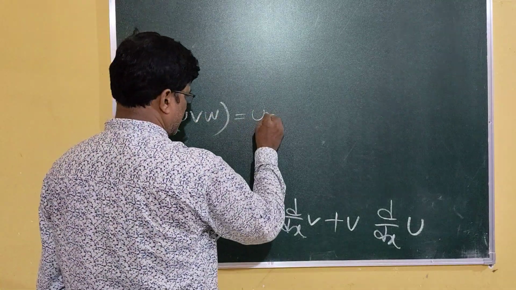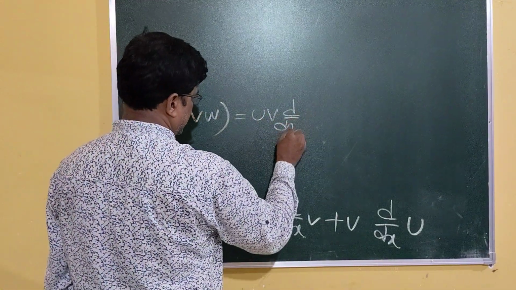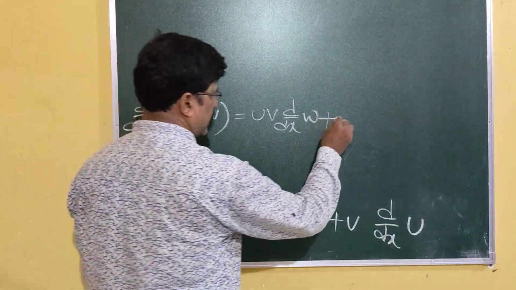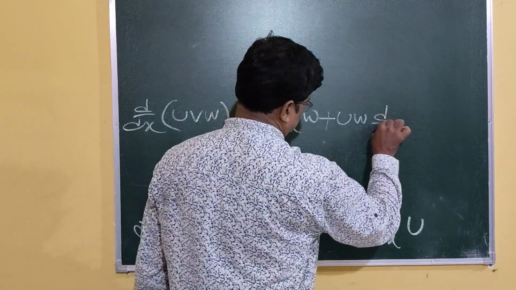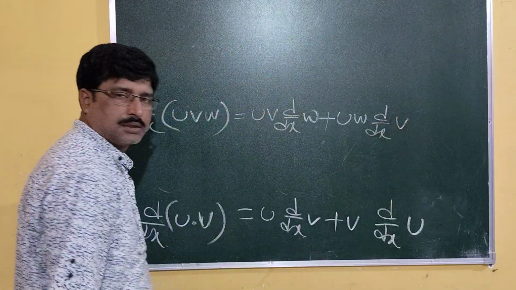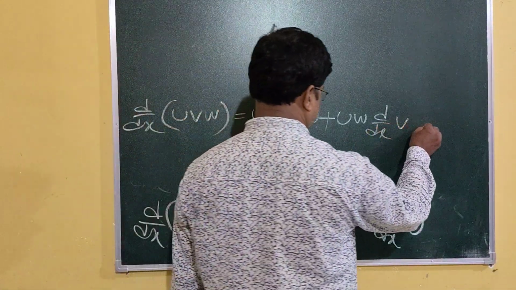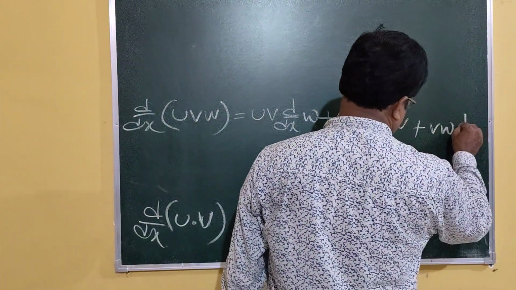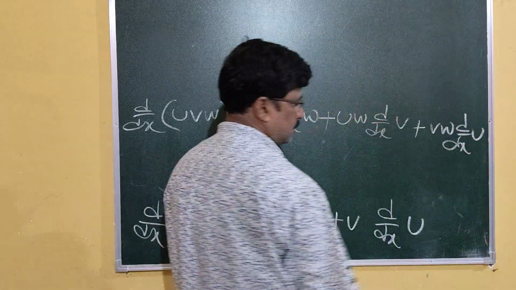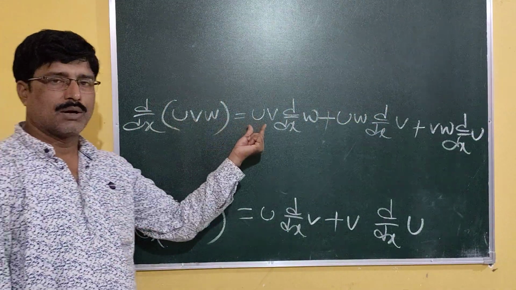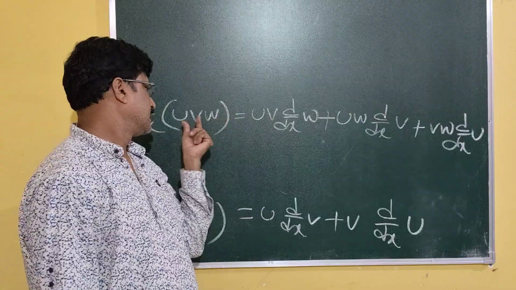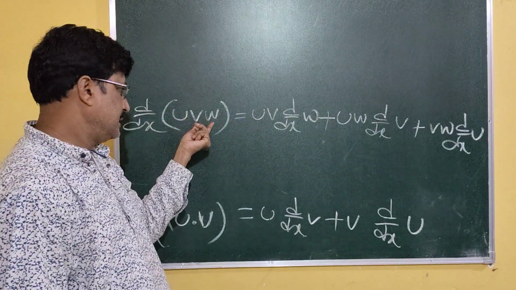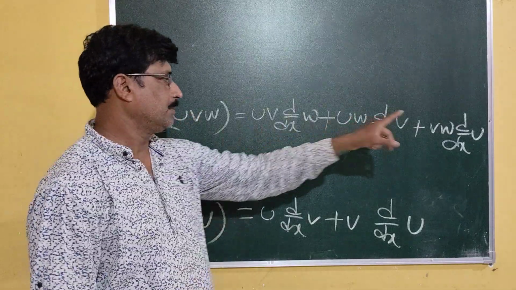So u v dy dx of w, plus u w dy dx of v, plus v w dy dx of u. Keeping two outside, take the derivative of w; keeping these two outside, take the derivative of v; and keeping these two outside, take the derivative of u.